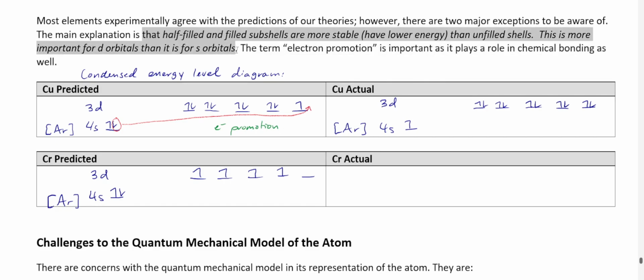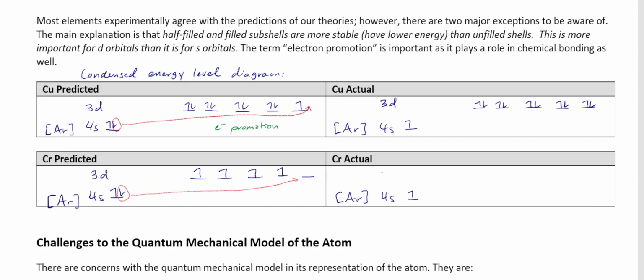It's more important for D than it is for S, so electron promotion is going to happen here. An electron from the 4s gets promoted to the 3d subshell. And what we see actually happens is we have argon here, 4s with 1 electron, and then 3d all with an upspin, and so this is half filled, and it tends to be more stable.